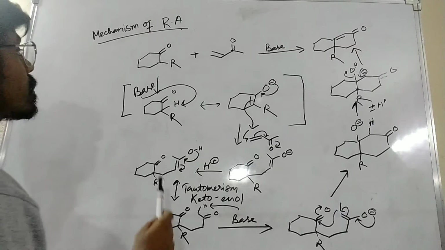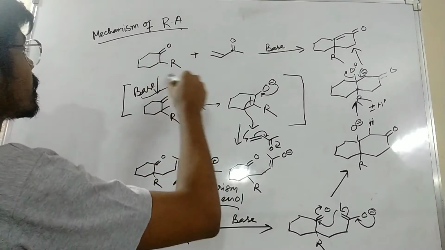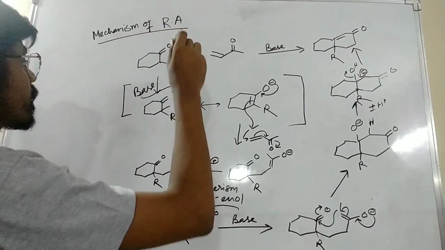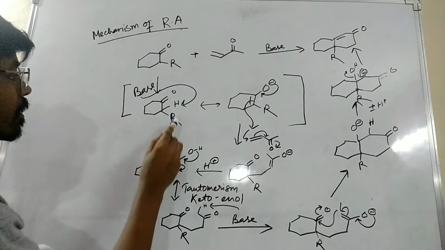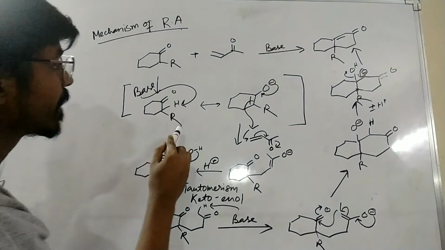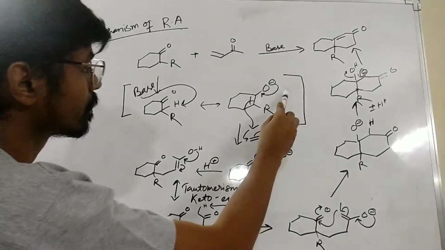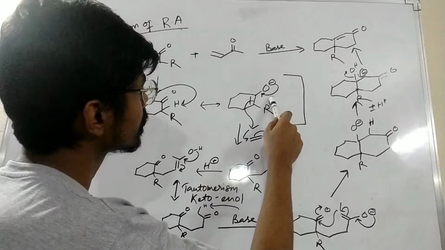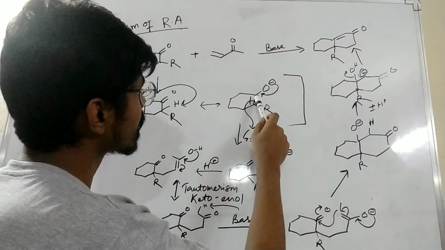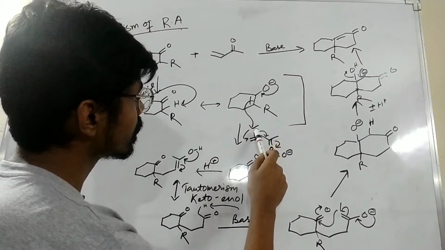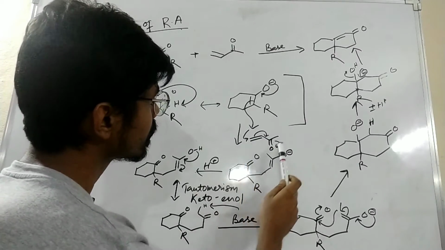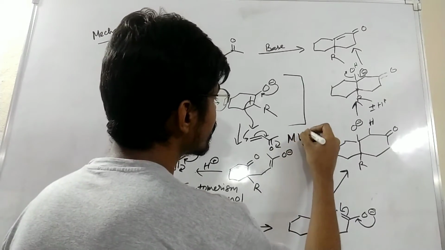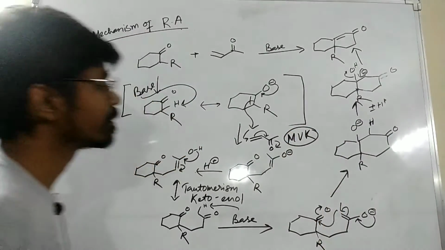First, in this derivative of cyclohexanone, you can see the base will abstract the proton from here and it will form an enolate. Then the negative charge is going to migrate here, the double bond will break and the electrons are going to attack this methyl vinyl ketone, or MVK, right?